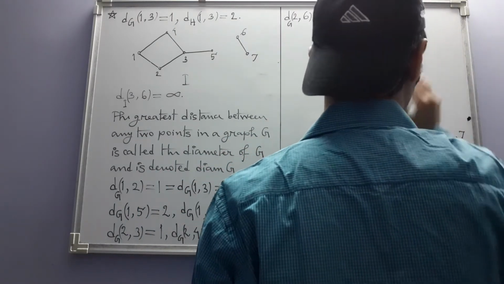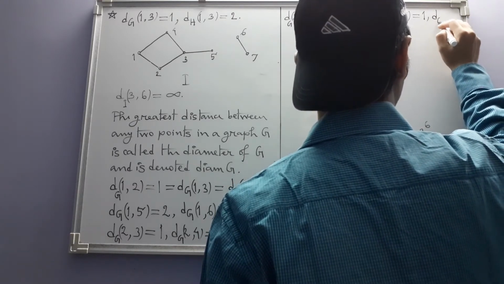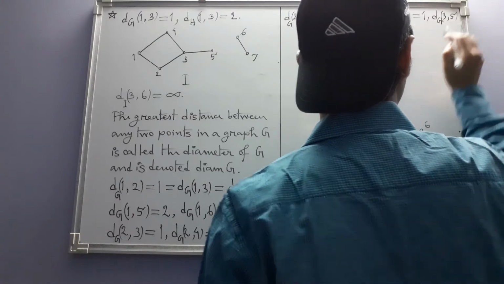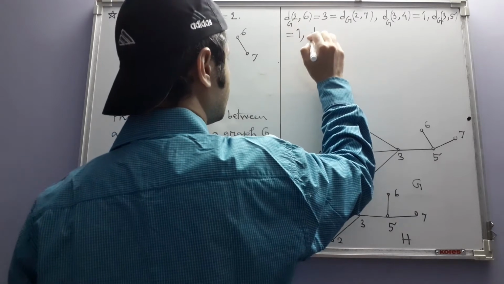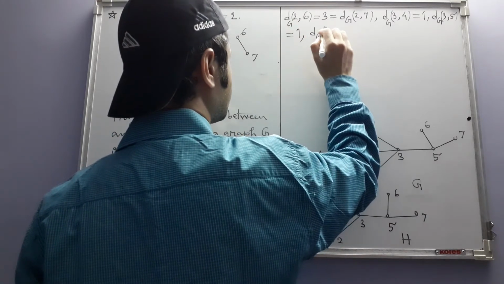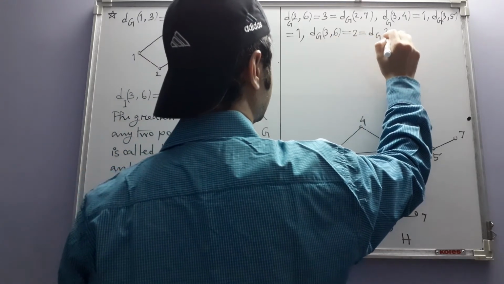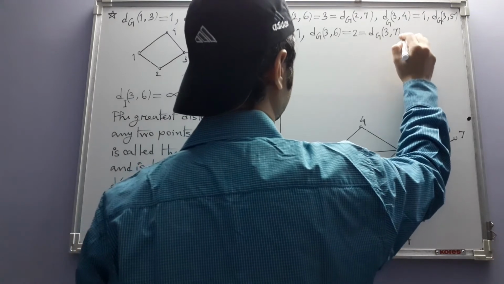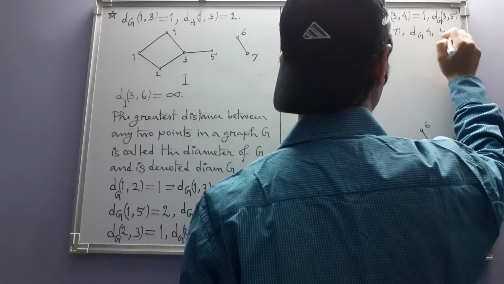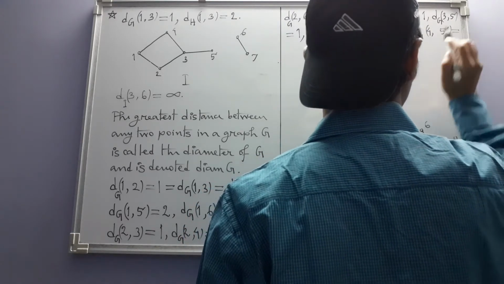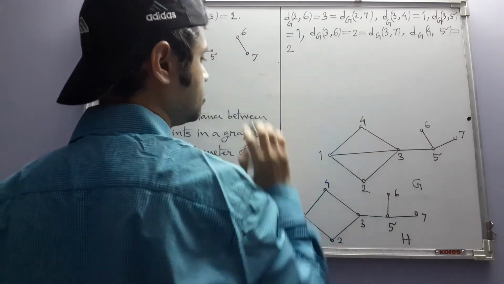Okay, so the distance between 3 and 4 is 1. The distance between 3 and 5 is also 1. And these two distances are both equal to 2. The distance between 4 and 5 is 2.